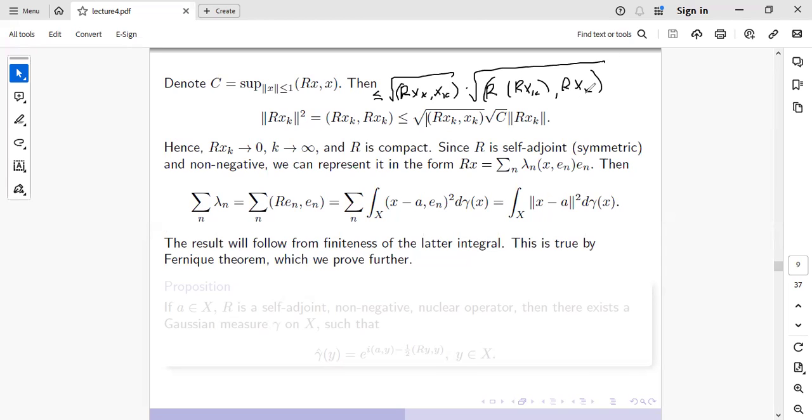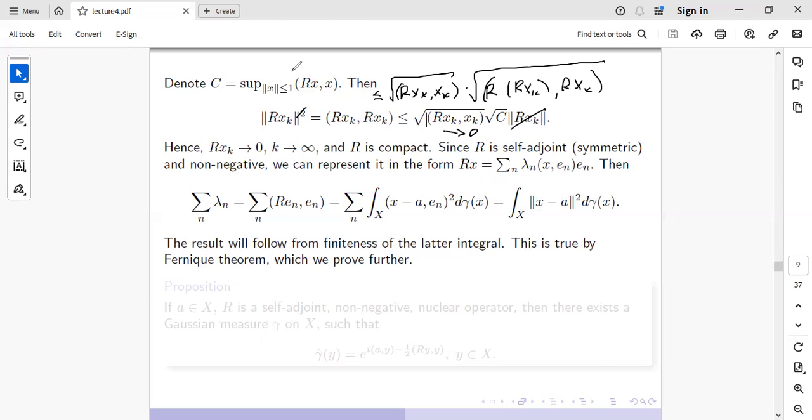And the second factor can be bounded by the norm of A, the root of the norm of R times the norm of Rxk. Okay, so then we get an estimate, and we proved that this converges to 0.